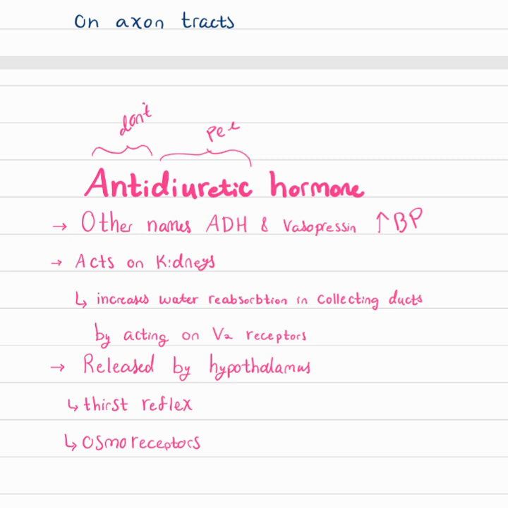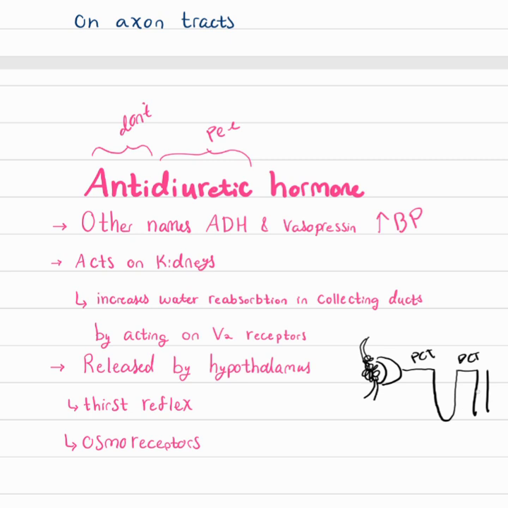It's going to increase water reabsorption in the collecting ducts. If you know what the kidneys look like, you have your glomerulus, and then you're going to have the proximal convoluted tubule, the nephron loop, the distal convoluted tubule, and then you're going to have this collecting duct.